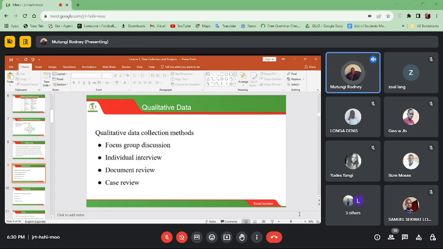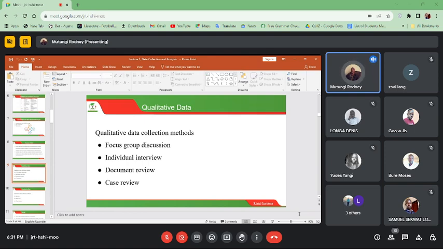Then document review is basically using those available documents, like I said. If they are there already, you can always review them and you get what you want, but now it will be qualitative in nature.